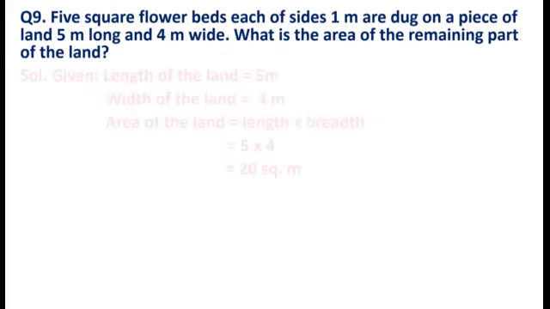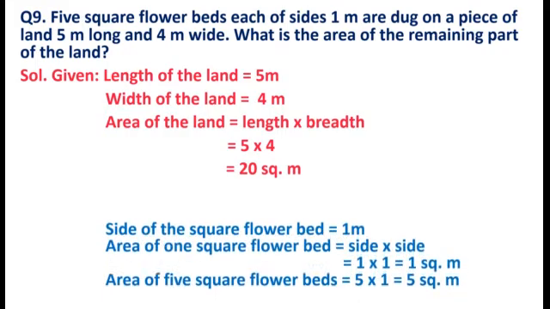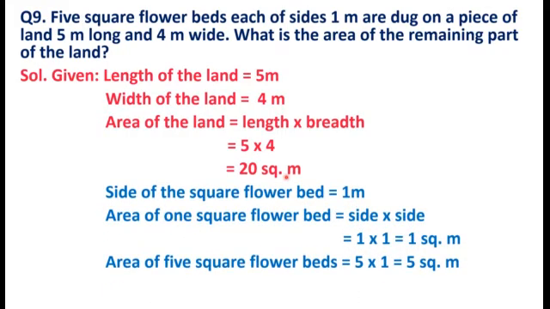First of all, let us see. Given is the length of the land, 5 meter, and the width of the land, 4 meter. So the area of the land will be equal to length into breadth, that is 5 into 4, equal to 20 square meter. This is the area of the land in which the square flower beds are there. Then we need to find the area of the flower beds.